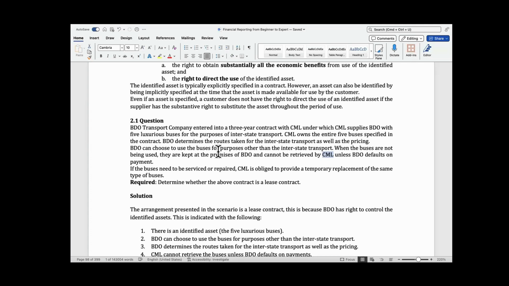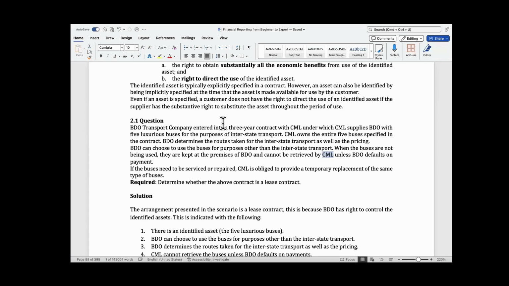Exactly. And control is indicated by those two things I mentioned: substantially all the economic benefits, and he must be able to direct the use of the assets. It is those two that represent control, and they must both exist.